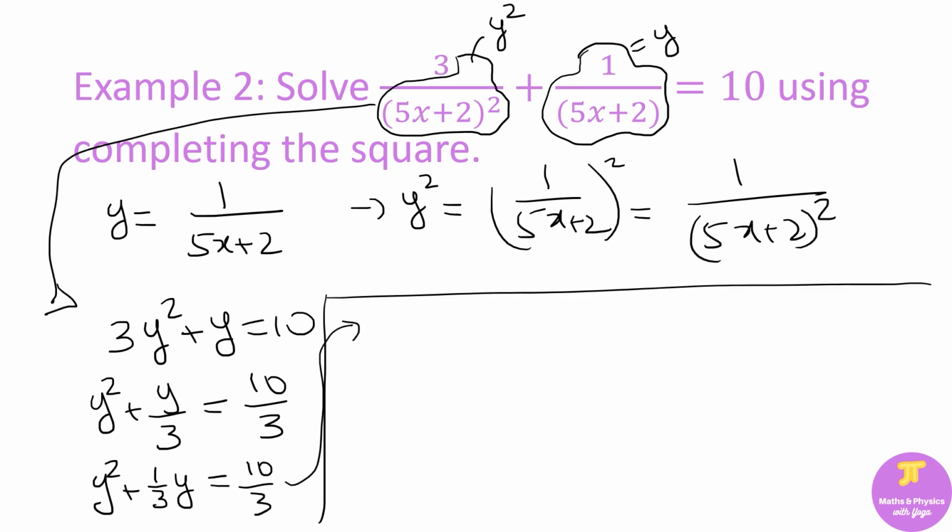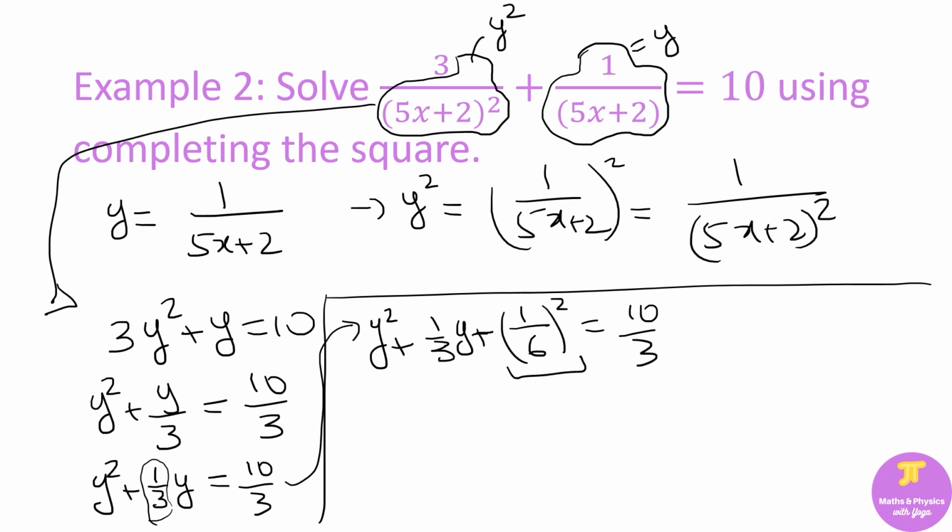In order to complete the square, we need half of this one, right? So y squared plus 1/3 y, and half of this one is nothing but 1 over 6, to the power of 2. This is going to be equal to 10 over 3.